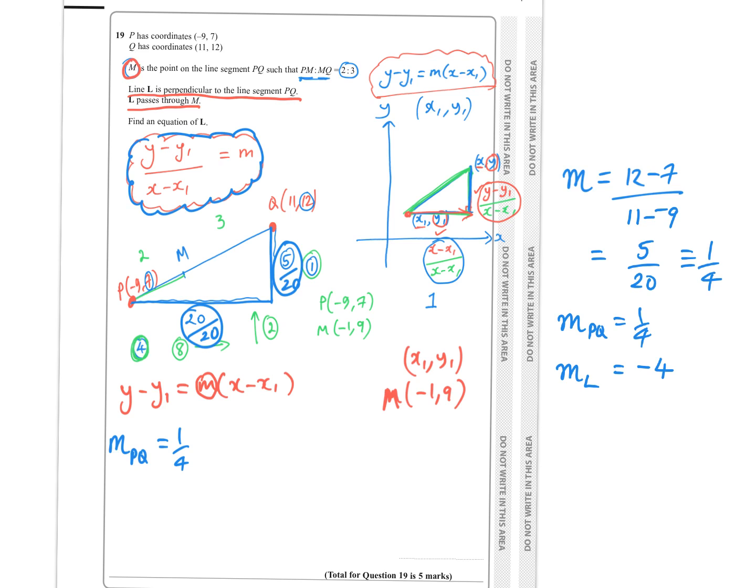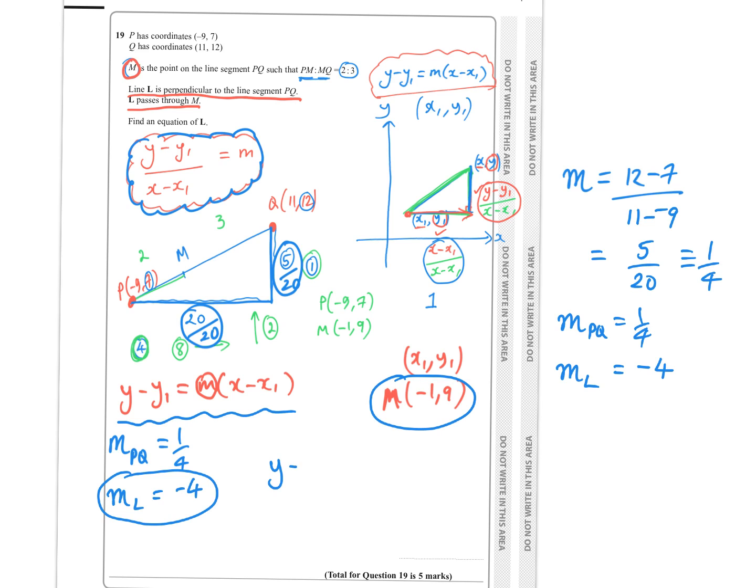So if we knew it was a quarter for one of them, then it must be -4 for the other, because only a quarter times -4 will give you -1. So we've got all the ingredients we need now. We've got the gradient of the line is -4, and we also know a point that it goes through. So all I have to do is shove those numbers into this formula, and then that's the answer.